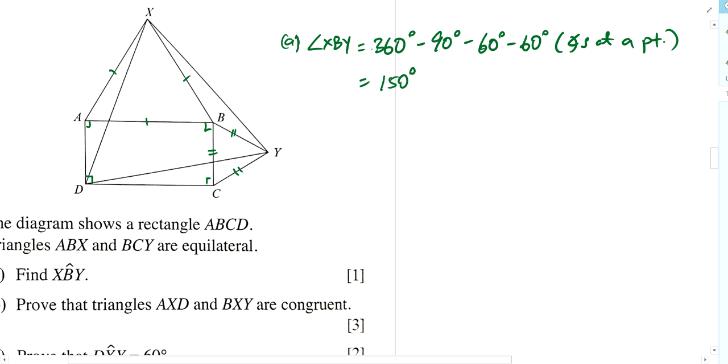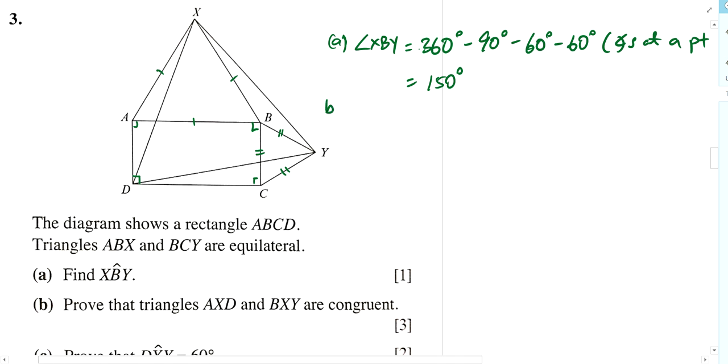Okay. Now, part B. Prove that triangle AXD, BXY are congruent. AXD over here. Then I will draw exactly the same triangle. Okay, can you see that I'm trying to draw exactly the same?